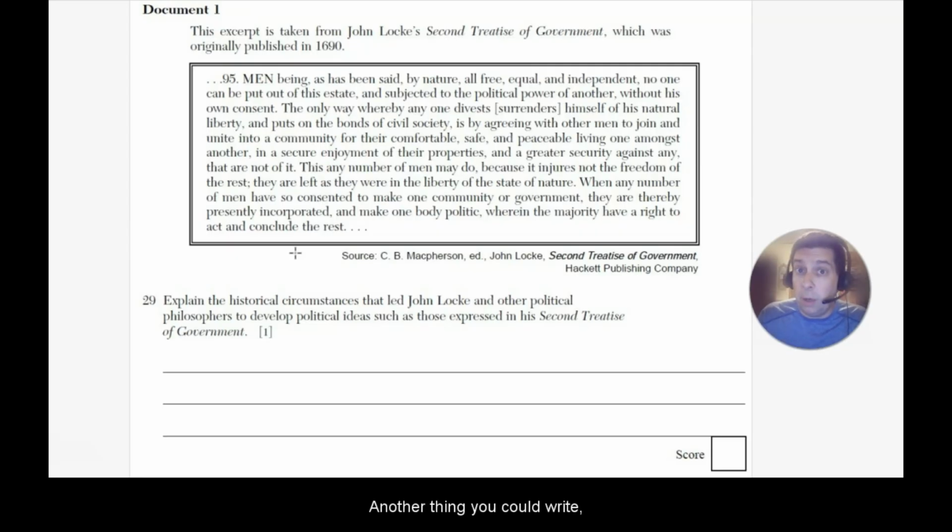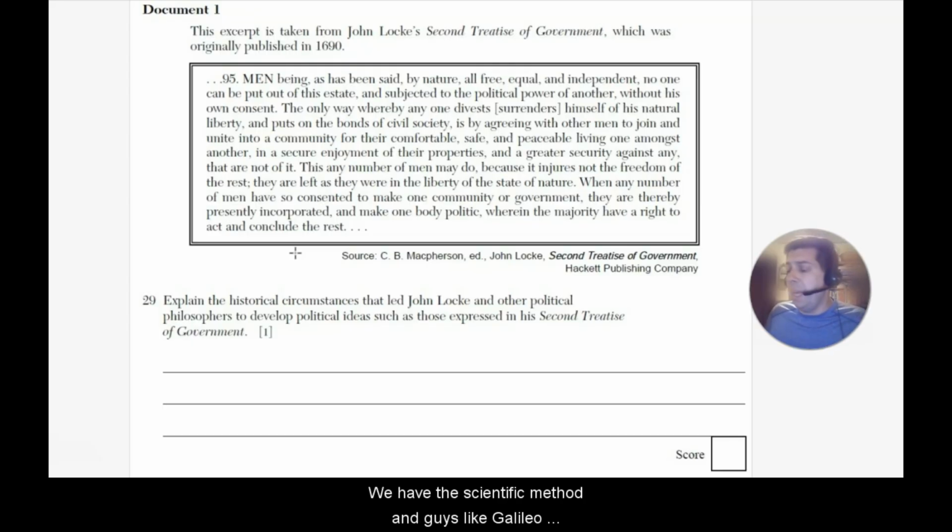Another thing you could write about, though, is the scientific revolution. The scientific revolution, something from Global 9 as well, is where you have people questioning the natural laws of the universe, right? We have the scientific method and guys like Galileo questioning the universe, questioning what was known about the human body, the world around us.